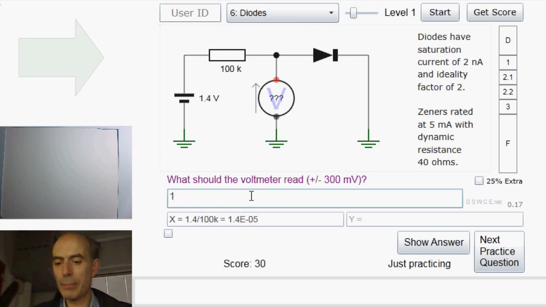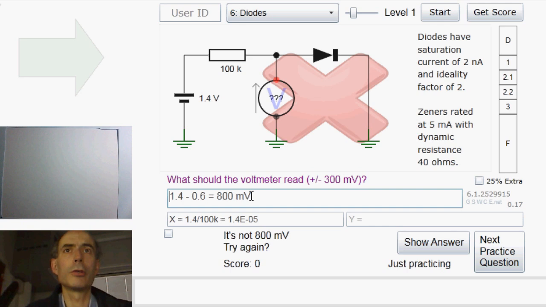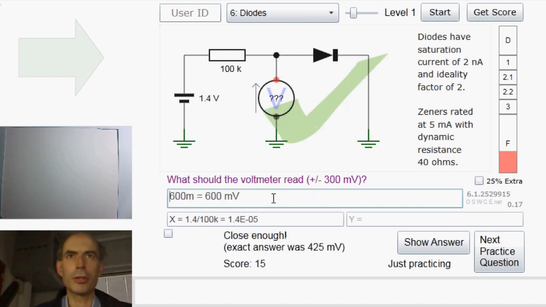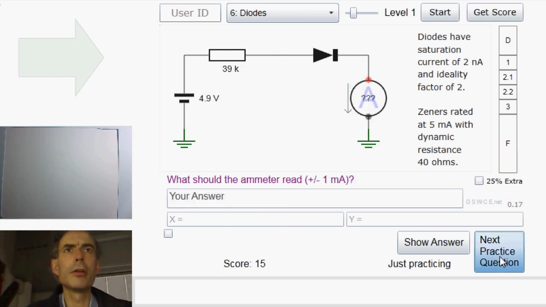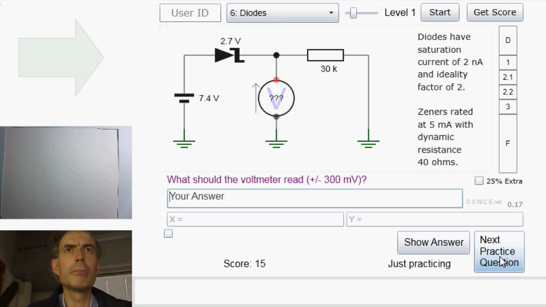Sorry, what am I talking about? That's the voltage across this resistor here. The voltage measured by the voltmeter would be the voltage dropped across the diode, and that would be the 0.6. Great. Close enough. The exact answer is quite a bit less, but our rules of thumb got me close enough for level 1. See if we can find another one with a Zener diode in breakdown.